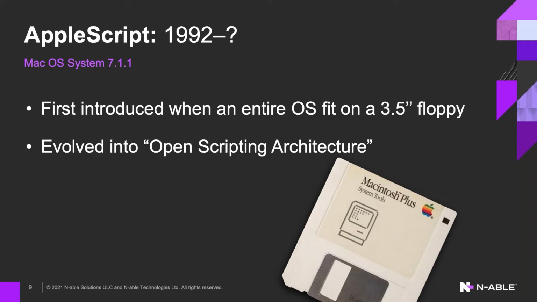It's been around for almost 30 years now and gone through a number of evolutions and iterations, including pivoting to an open architecture, which is, at least by Apple's definition, open. So you may see components referred to as OSA, or Open Scripting Architecture, or OSAX, or Open Scripting Architecture Extensions, and that's referring to AppleScript in modern macOS.